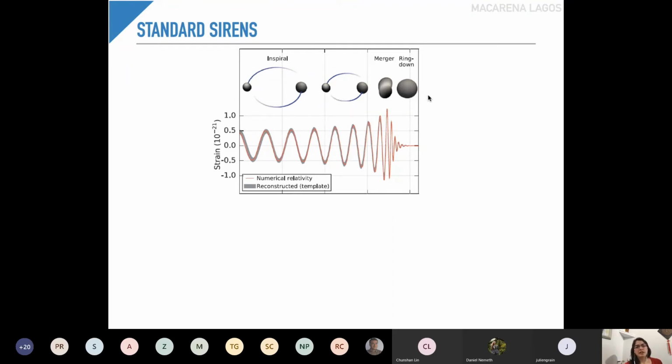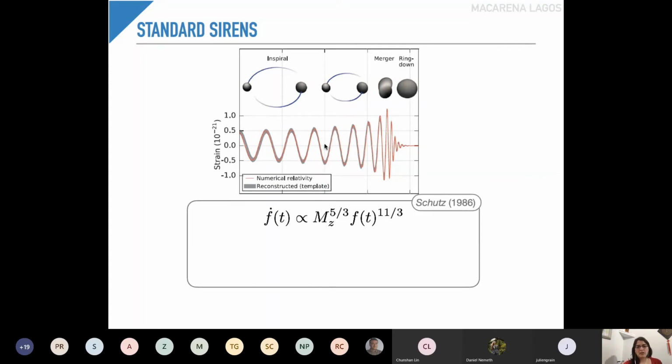So we have these 3 stages, and it turns out that at least during the inspiral, or at the beginning of the inspiral, the gravitational wave emission is rather universal. It is very standard. It is understood from first principles from general relativity, and it doesn't really depend on what the specific objects are, because they are far enough that you just consider them to be point masses, and it doesn't matter if they're black holes or neutron stars. The gravitational wave emission will look pretty much the same.